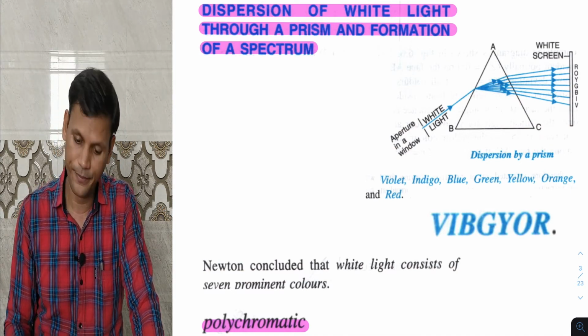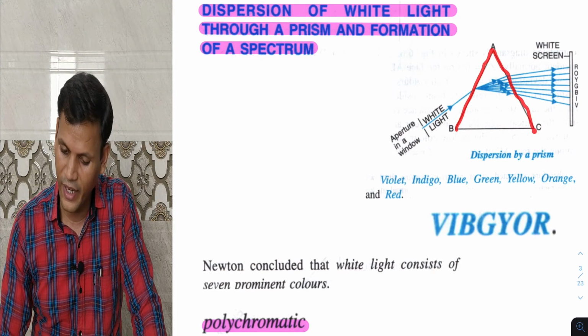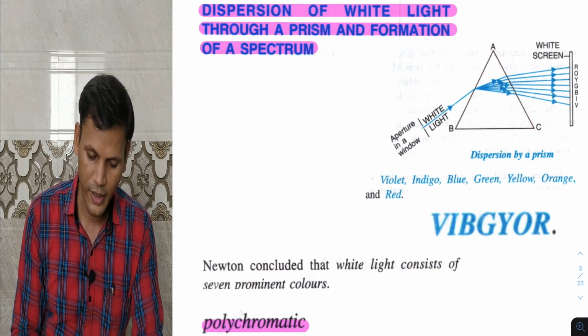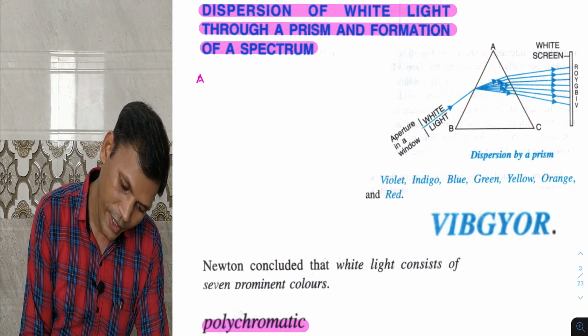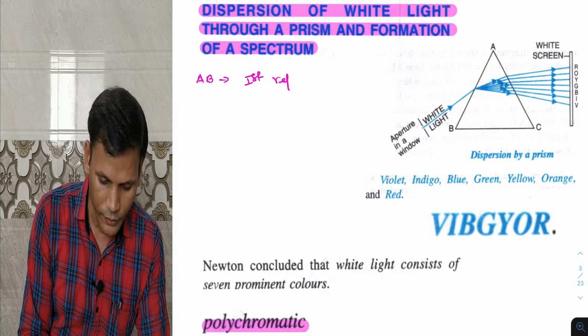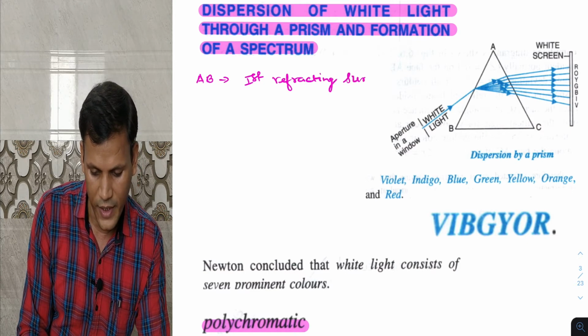Observation देखना हमें, ये फर्स्ट रिफ्रैक्टिंग सरफेस है, ये सेकेंड रिफ्रैक्टिंग सरफेस है. AB is the first refracting surface.